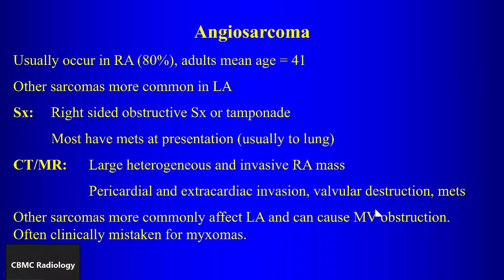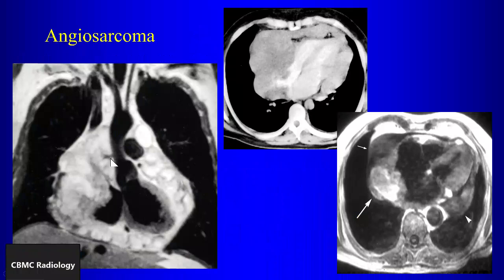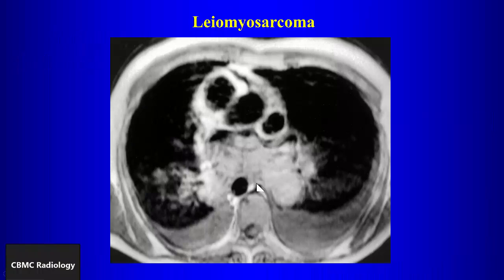So it might also involve the valves occasionally, these types of tumors. So angiosarcoma, big, ugly, right-sided cardiac tumor. Primary cardiac tumor, angiosarcoma. Other sarcomas, like here's a leiomyosarcoma, they tend to affect left-sided chambers. This is leiomyosarcoma on the left side.